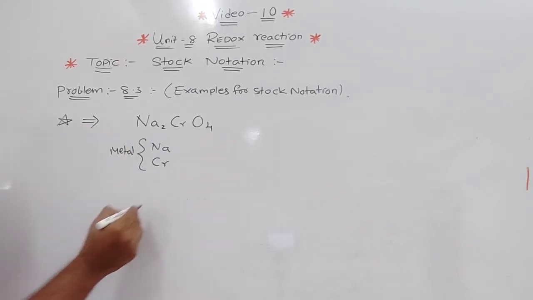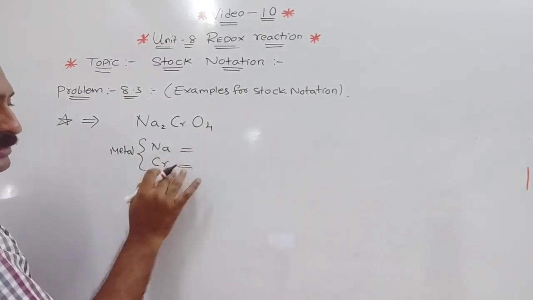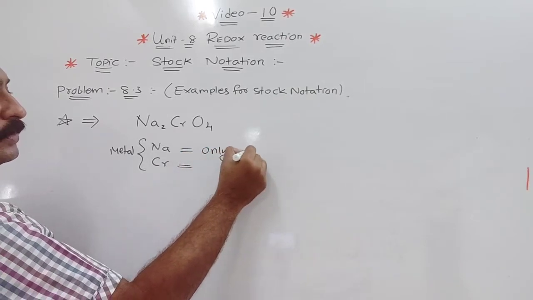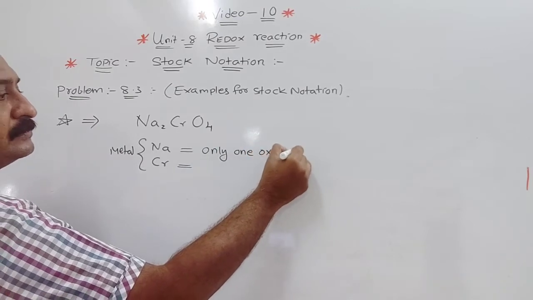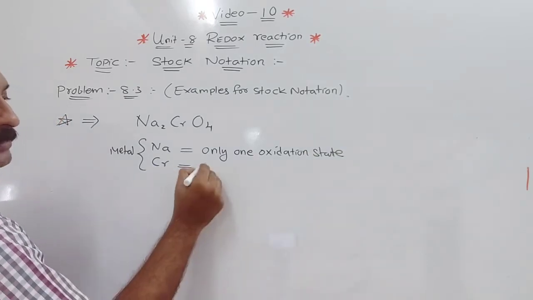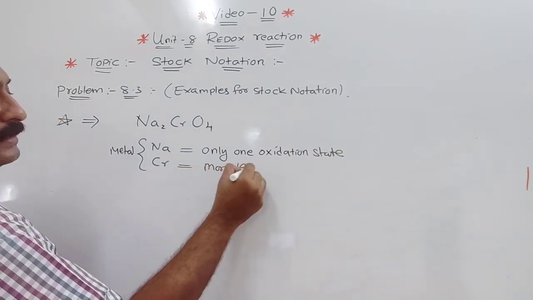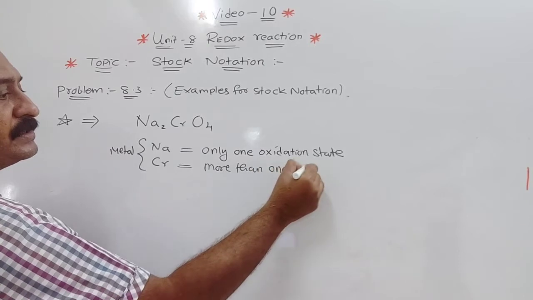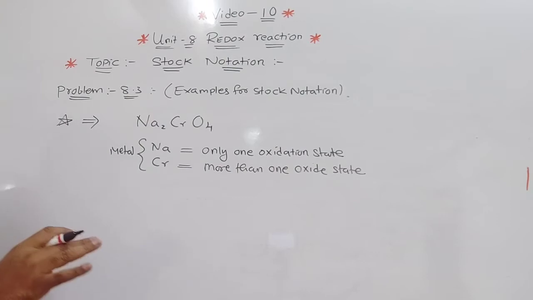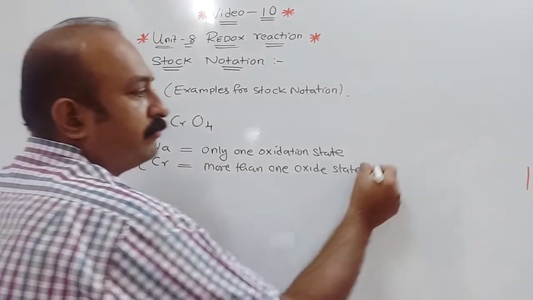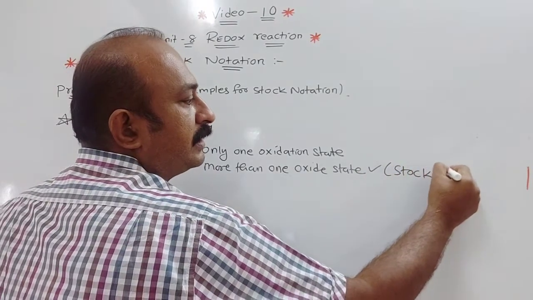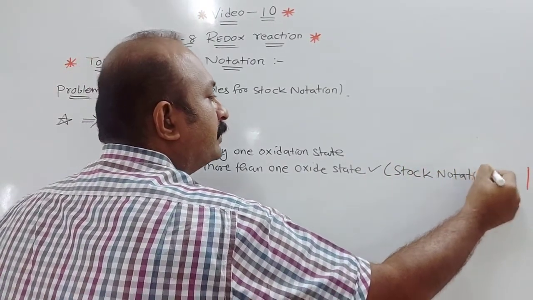But sodium has only one oxidation state, while chromium has more than one oxidation state. So the one which has more than one oxidation state, for that you need to find the stock notation. This you have to remember.